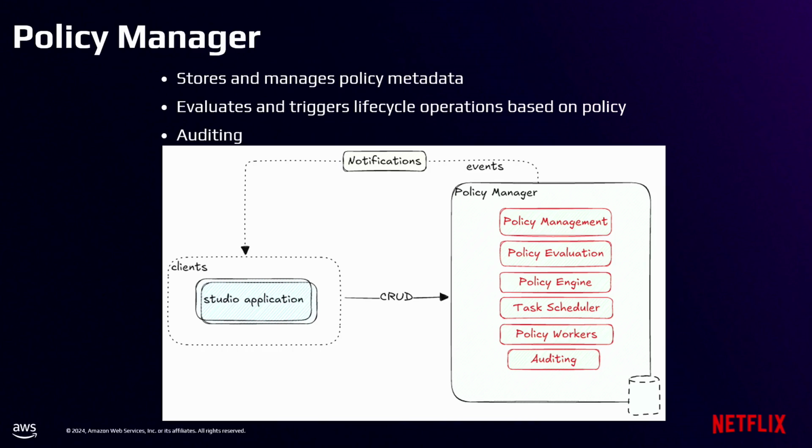This evaluation is typically done in response to a number of trigger events that may occur during the lifecycle of a production, giving us the capability to process these data transitions at any point. Eventually, it queues tasks for the policy execution workers, which then schedules these lifecycle tasks such as archive, restore, or purge with content drive.